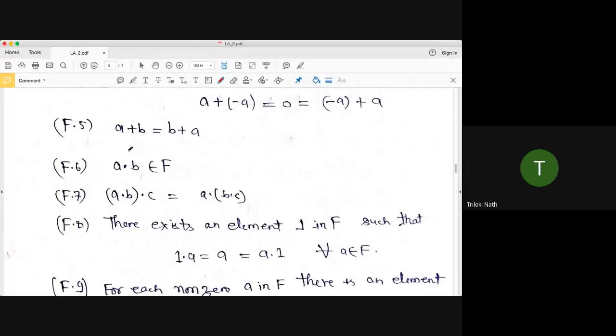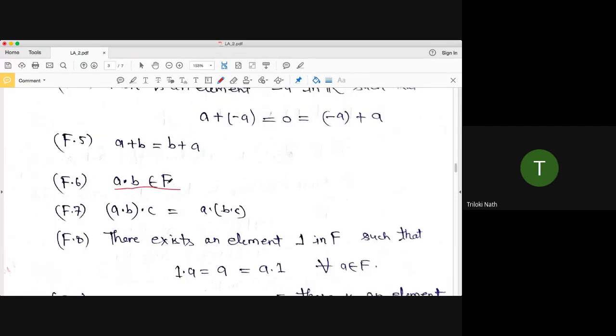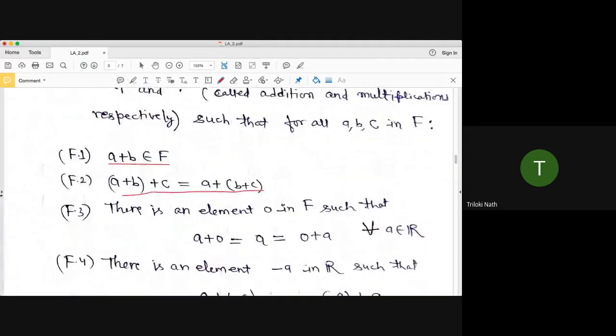And with respect to multiplication, again F is closed. F is closed with respect to multiplication. That means dot is a mapping from F cross F to F. So this is actually a mapping, and what it does is associate the element (A, B) to A dot B. You can put the dot here or not put the dot.